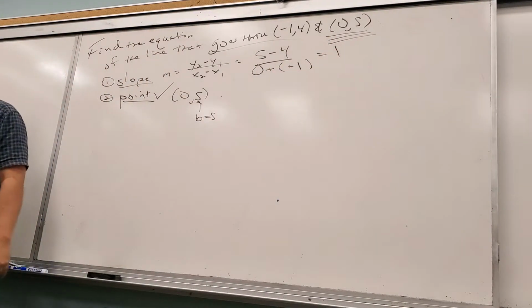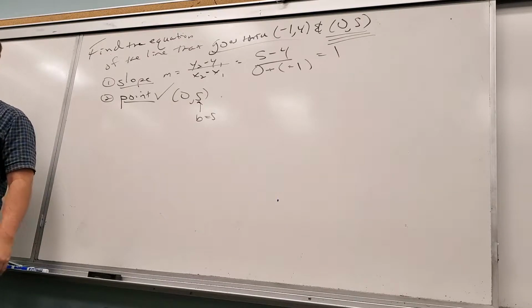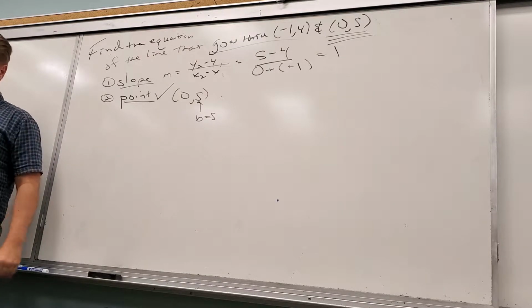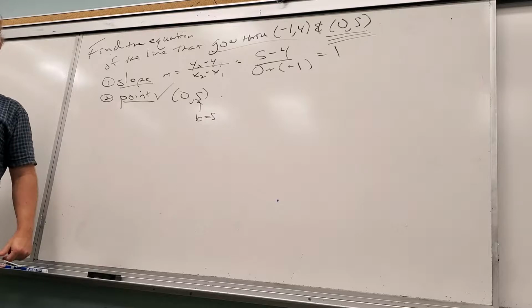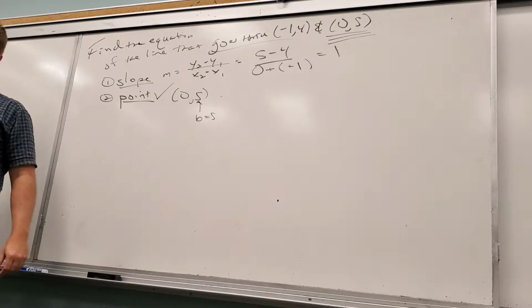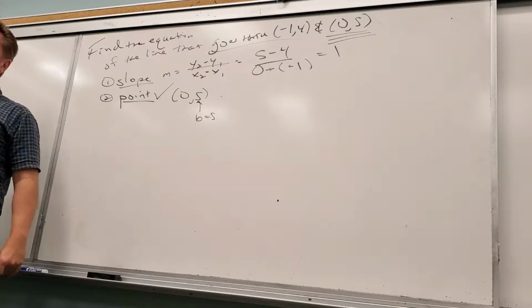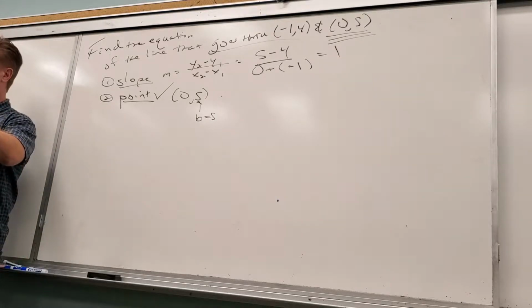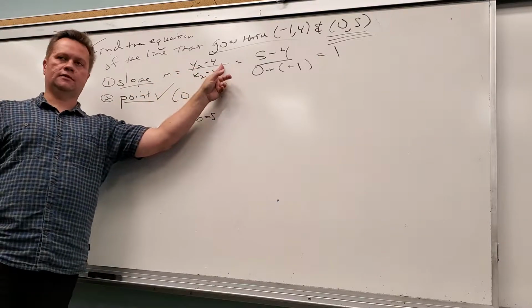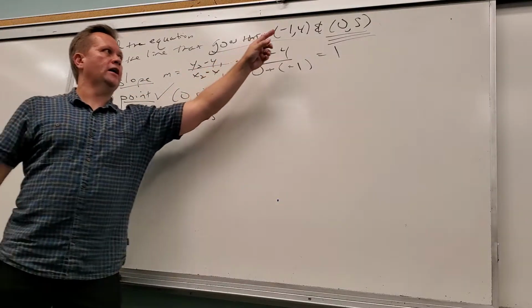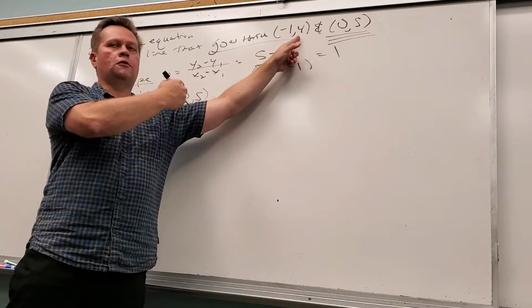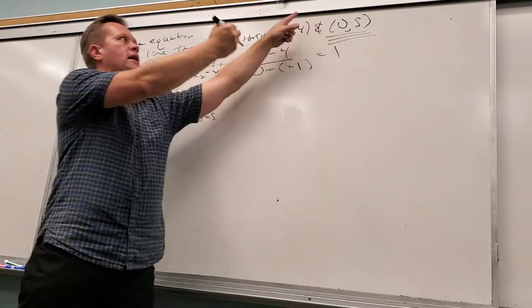Just reiterating, does it matter which set of coordinates plugs into y1 and y2 and x1 and x2? No. I really want this to make sense. If I do 5 minus 4, I have to do 0 minus negative 1.